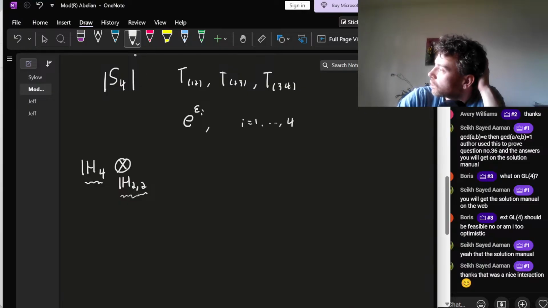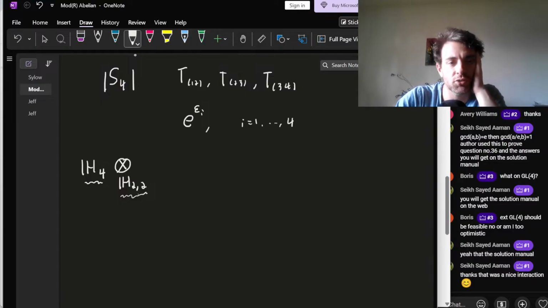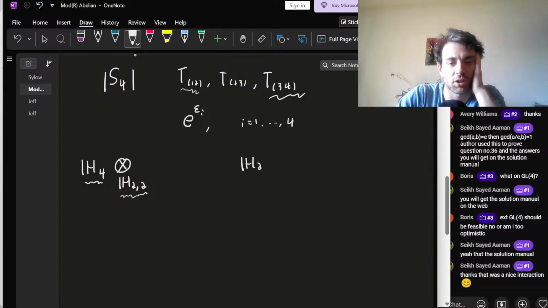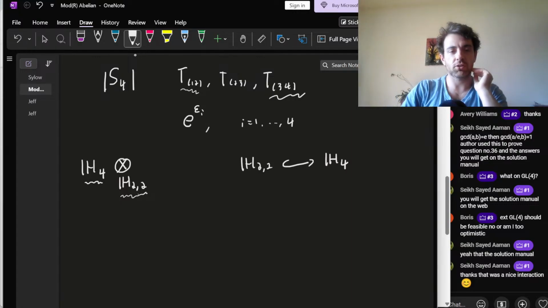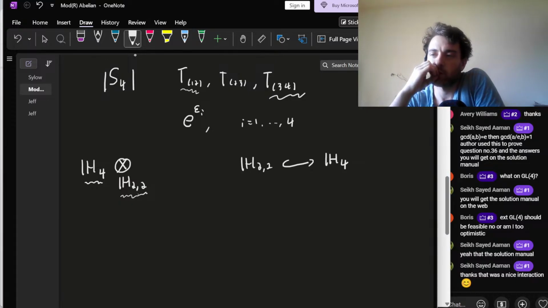So to determine the dimension of these, maybe these irreducible representations should each be only two-dimensional, right? Because both of these are in the image of this inclusion. So maybe it's actually not so bad.